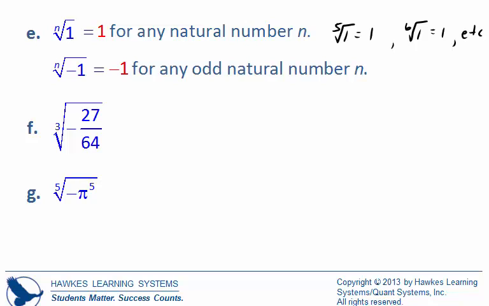When we have a negative 1 underneath the radical, the nth root of negative 1 is always equal to negative 1 as long as your number n is odd. So the third root of negative 1 would equal negative 1. The fifth root of negative 1 would equal negative 1. As long as the number here, the 3 or the 5, is odd, then the answer will be negative 1.